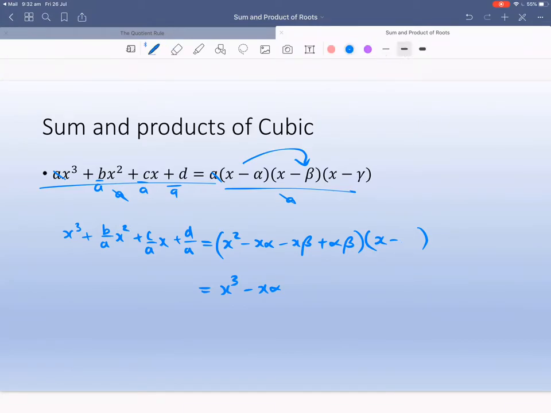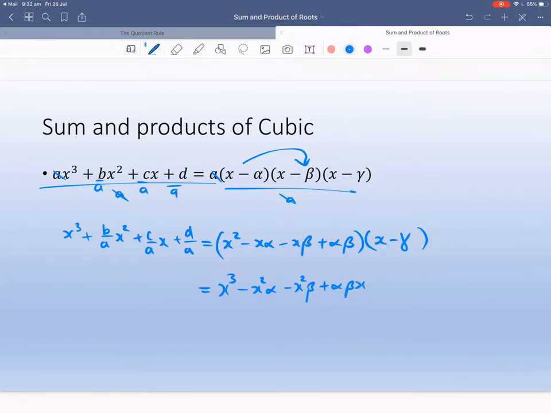That is not y, that is gamma. Okay? So alpha gamma minus x beta gamma plus, I'm a bit confused now, so I'm going to do it again. All right, let's do this ski jump again. X cubed minus x squared alpha minus x squared beta plus alpha beta x.